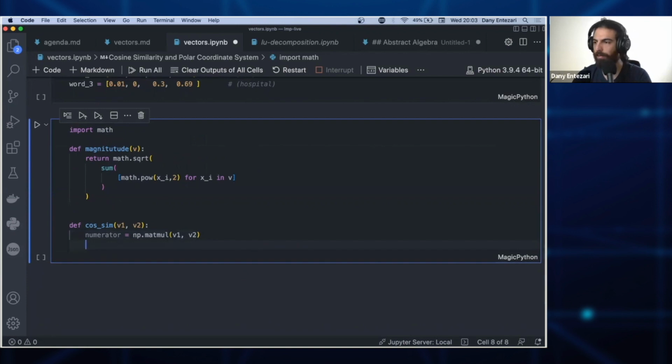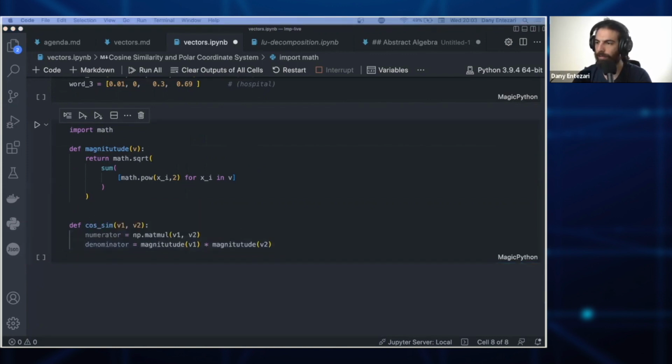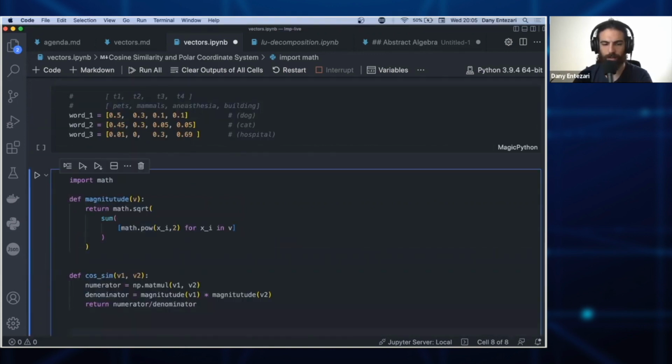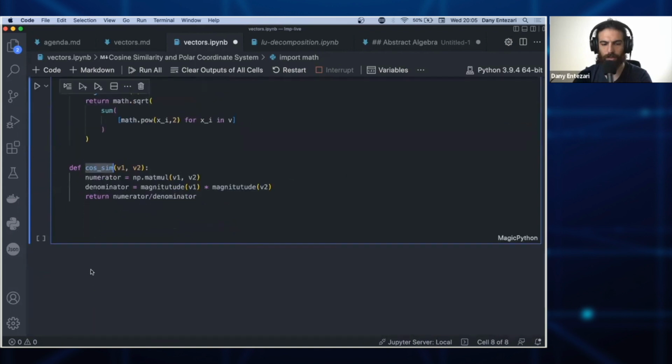And then the denominator, which is the product of their magnitudes. And then the return value, of course, is the fraction. I'm going to call cosine similarity of word vector 1 and word vector 2.